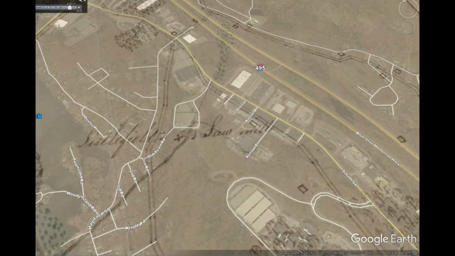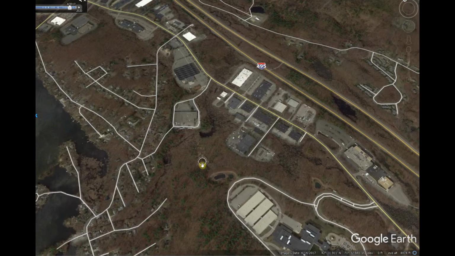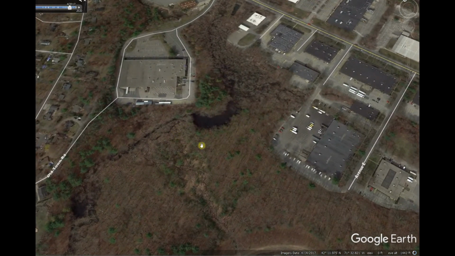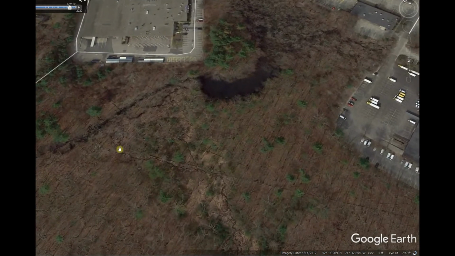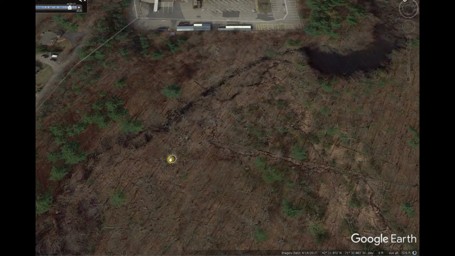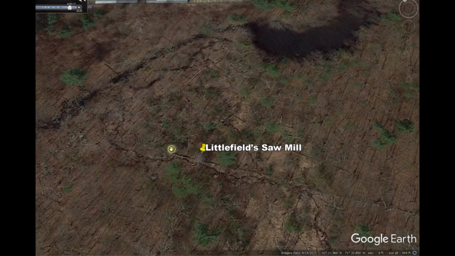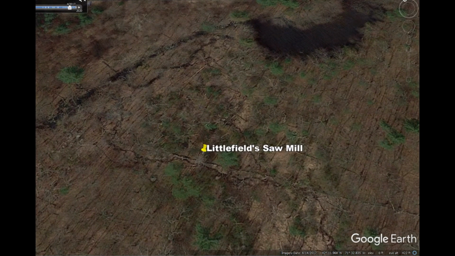So let's just drop our map off and take a look, and sure enough, we do have a small pond here. We've got some walls, and in this vicinity right here, I would say would be Littlefield Sawmill, right around in here. So that's one area of interest on Old Town Road.